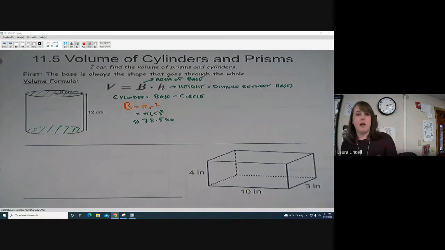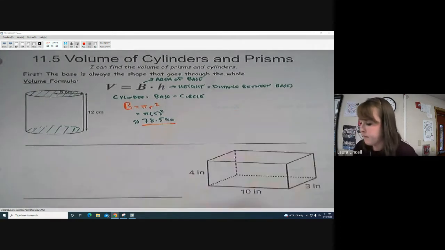Since this is not my final volume, please keep multiple decimal places. That way we don't end up with as much rounding error at the end. So keep at least 3, if not more. You're always welcome to keep more decimal places. All right, so that's the area of the base. That's going to be part of our final answer, but not the whole thing.